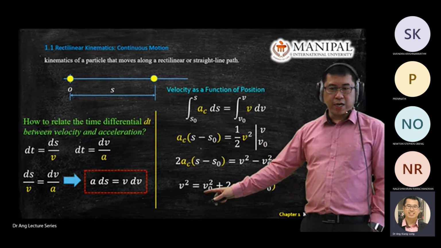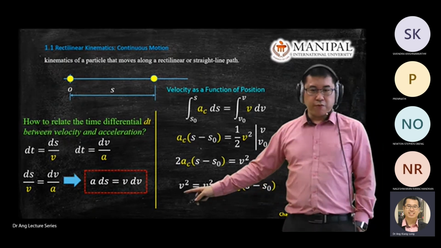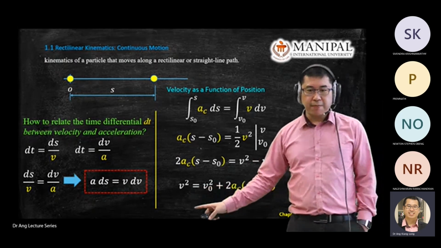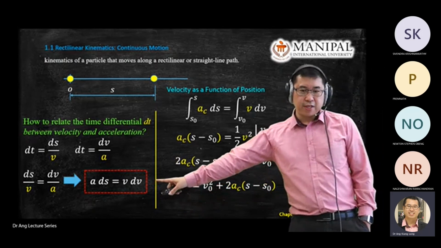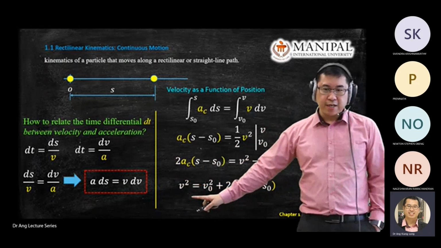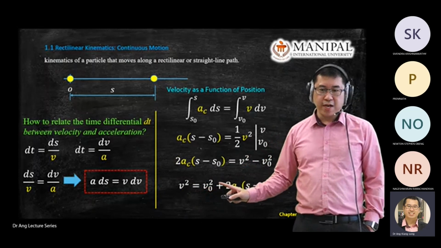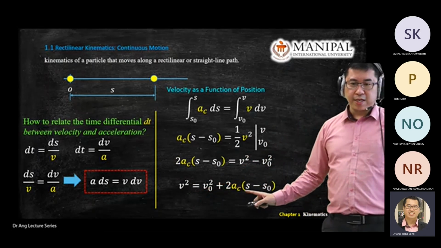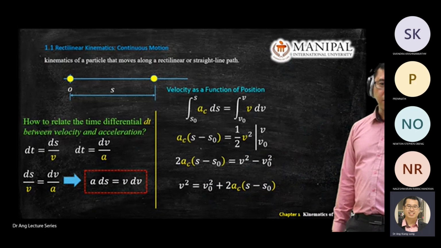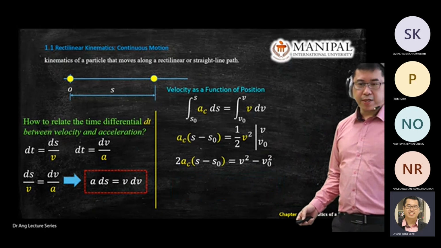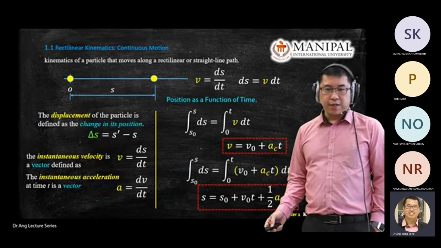And we like to put our equation with v in front. So you get v squared = v0 squared + 2ac(s minus s0). So these are the 3 important equations.